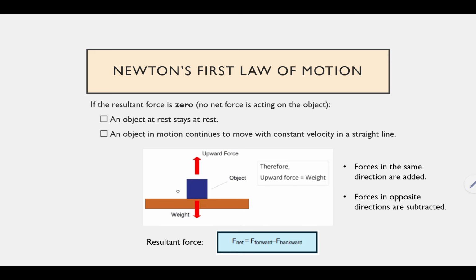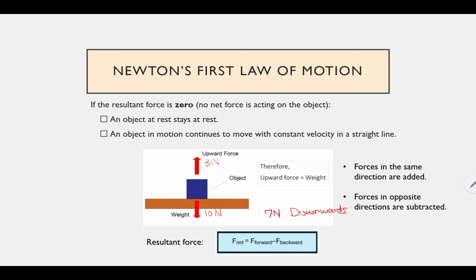If I have the upward force as 3 Newton and the weight is 10 Newtons, then what is my resultant force and the direction? If they are in opposite directions, I will subtract. Same direction, I will add. So they're in opposite directions. So therefore, my resultant force will be 7 Newton. And who's winning? Who's the bigger number? 10, which is downwards. So this will be my direction, downwards.